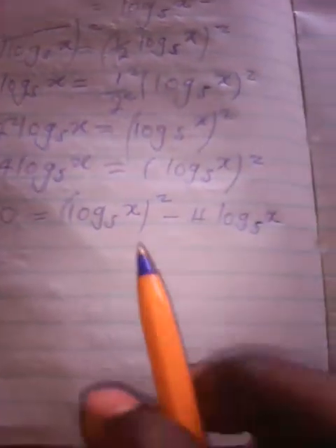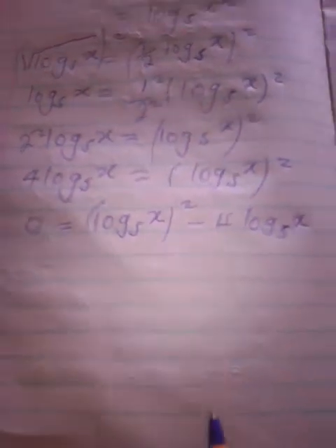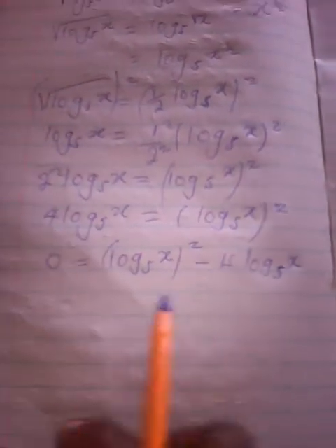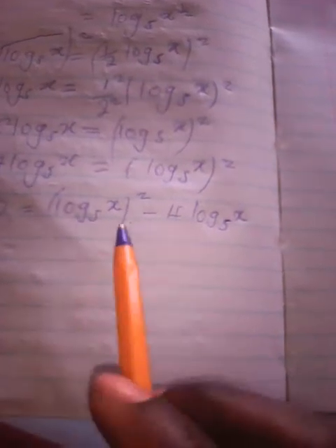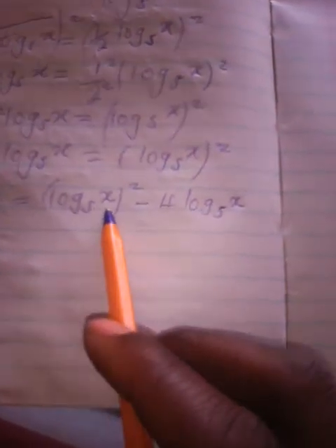So now what do you do here? When you're caught up in this situation, the only thing that you have to do is to simplify. You need to simplify the equation here, this side, so that you can find two values of x. So what you do is look for the common factor on this, which is log base 5 of x.